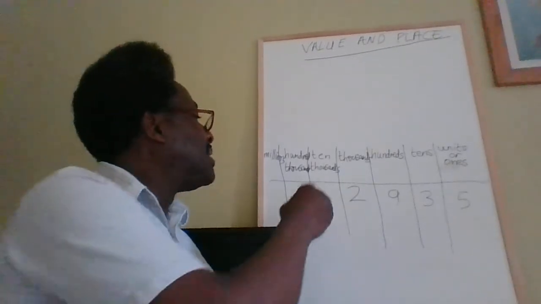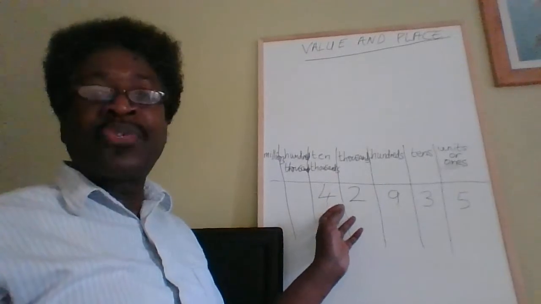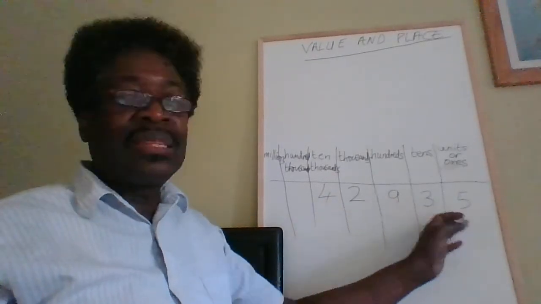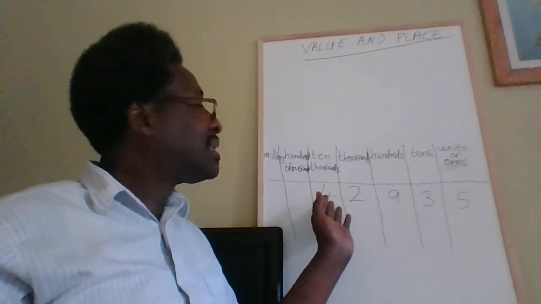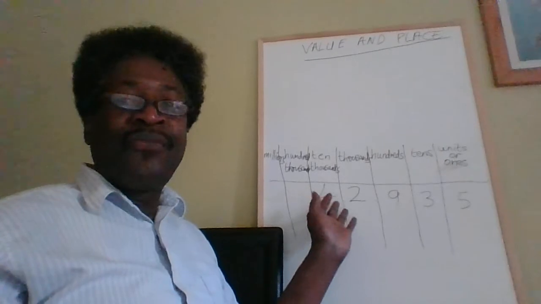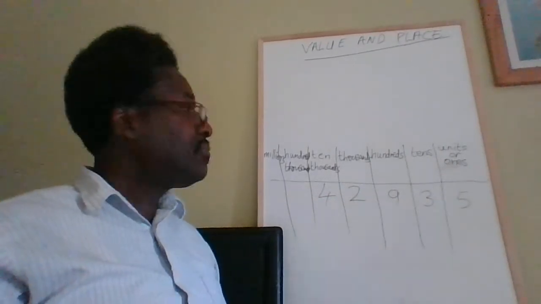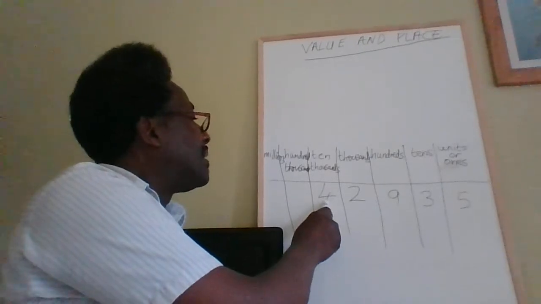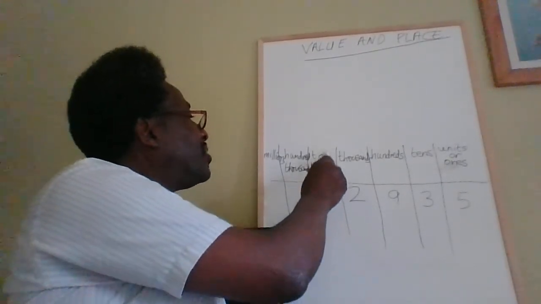Then you go to another place value. Let's put a 4 here. This number is 42,935. We'll talk about how we say this in words in future lessons. But for now, take this as 42,935. This 4 here represents 4 10,000s.